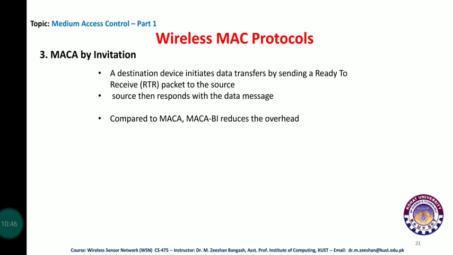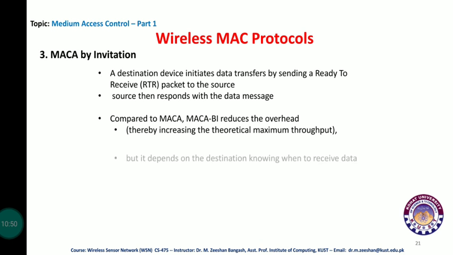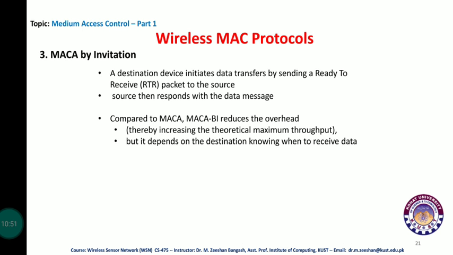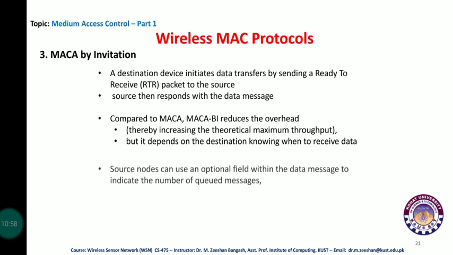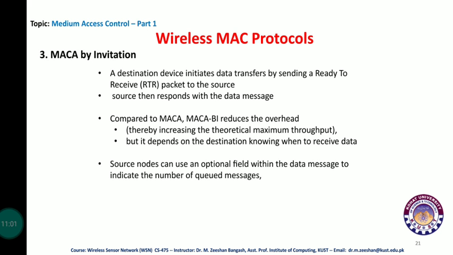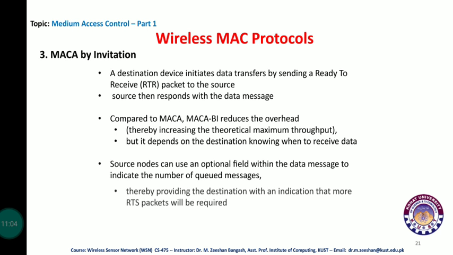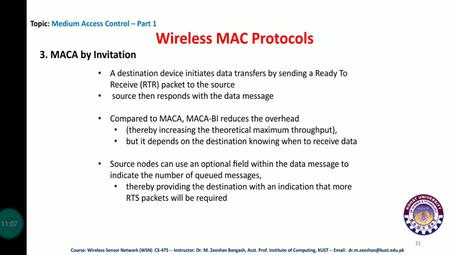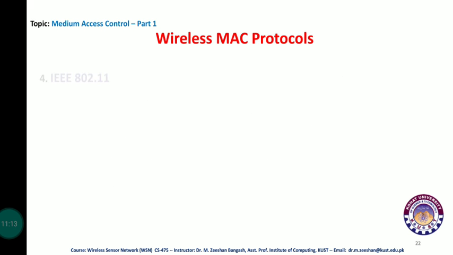Compared to MACAW, MACA by invitation reduces the overhead and thereby increases the throughput, but it depends on the destination knowing when to receive data. So source nodes can use an optional field within the data message to indicate the number of queued messages, thereby indicating to the destination that more RTR packets will be required.